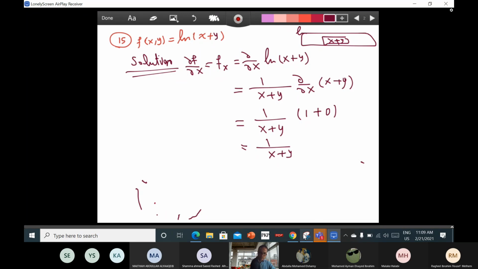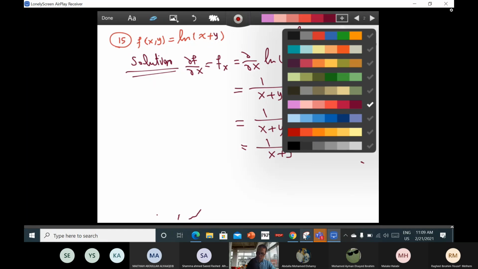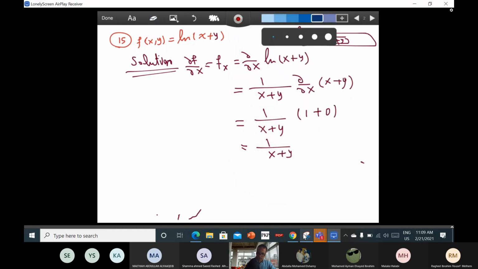Is it okay? Now let's go for the first derivative with respect to y. So partial f by partial y, which is f_y, equals partial by partial y of my function.